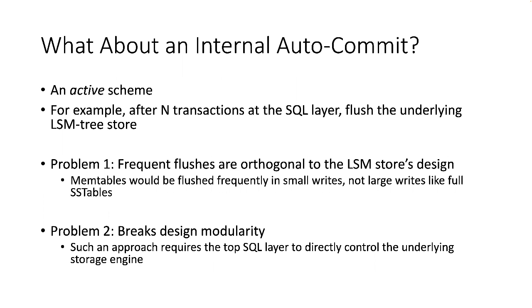As we know from LSM stores, typically we want large sequential writes when we're flushing the tables. But if we keep flushing from the upper layer, we sort of break that design and reduce performance. And the second problem, which the authors claim is the most important, is that it breaks what we call design modularity. The SQL layer at the top, or the database at the top, needs detailed knowledge of how the storage works at the bottom. And we don't really want to break that.